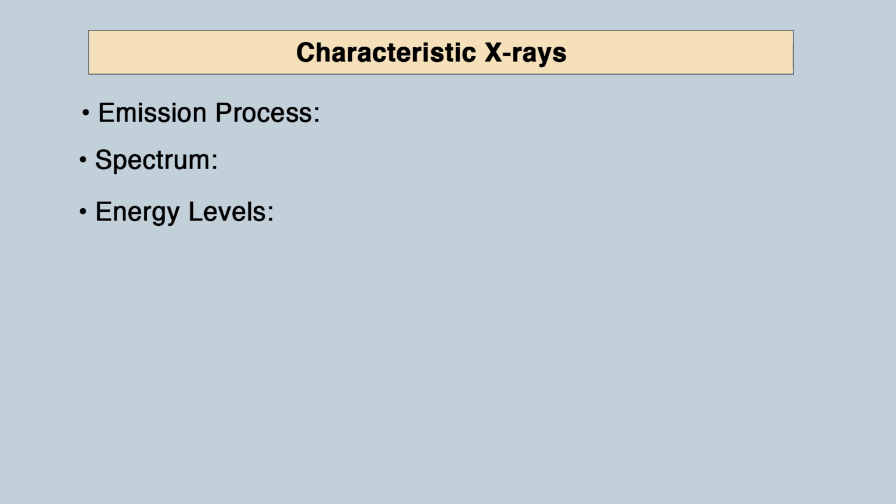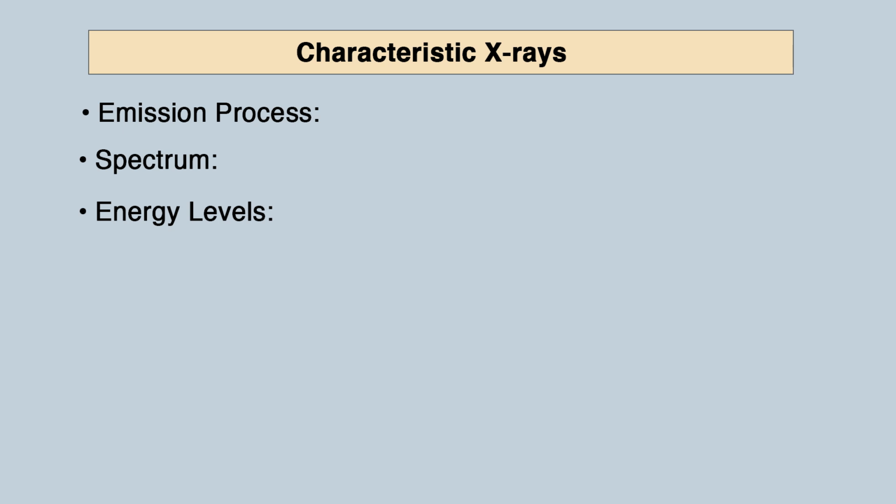Each element has a unique set of characteristic X-ray lines, such as the K alpha and K beta lines, where the K alpha line results from the transition to the K shell from the L shell, and the K beta line results from the transition to the K shell from the M shell.